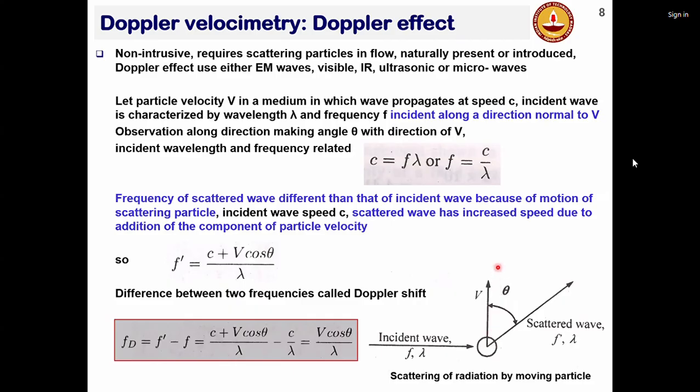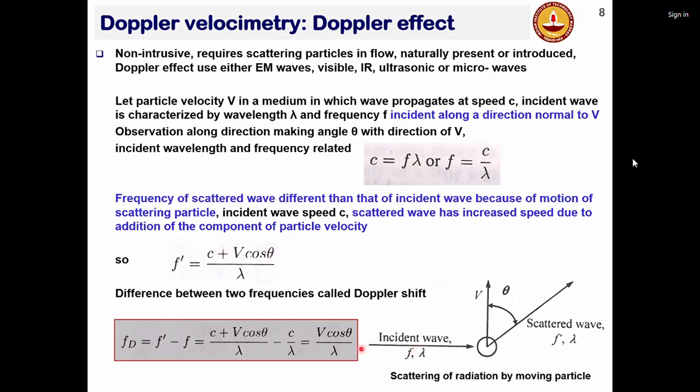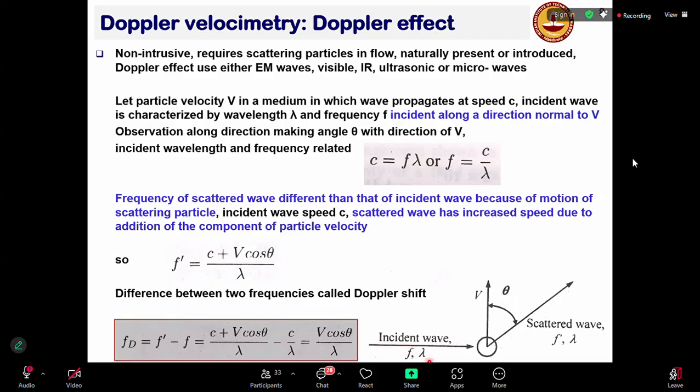This is the flow direction, this is the particle direction, and this is the wave direction. We can place the transducer, which generates the electromagnetic or sound wave, by properly adjusting its location so that it generates the wave in a perpendicular direction. So this is the incident wave at some frequency f and some wavelength lambda.